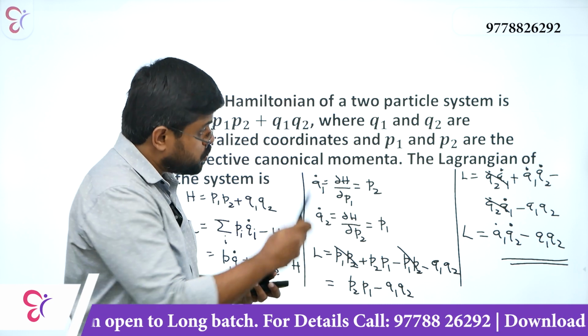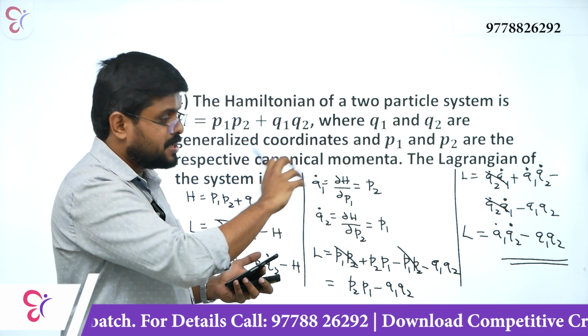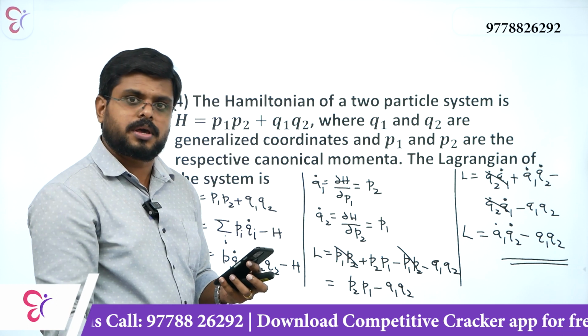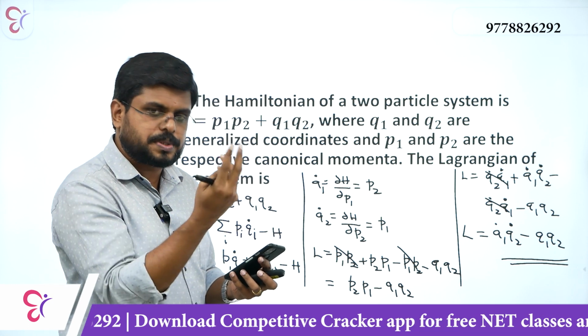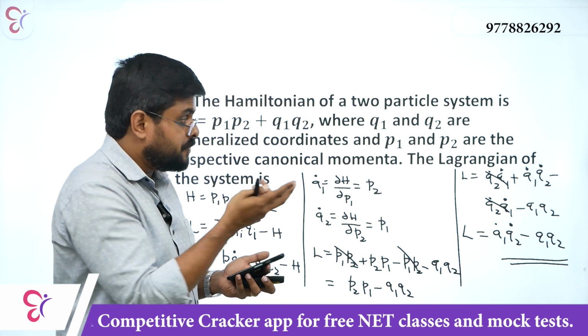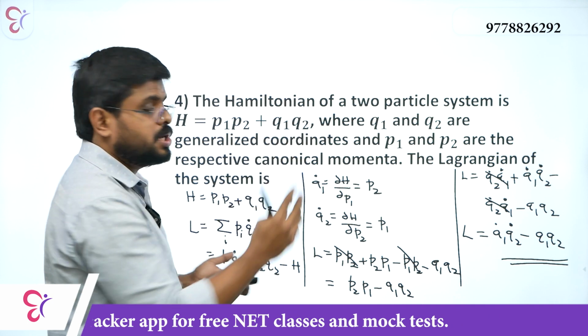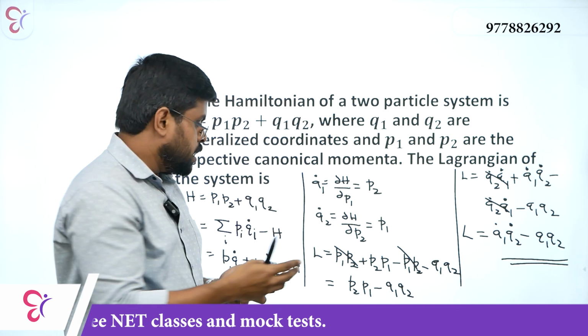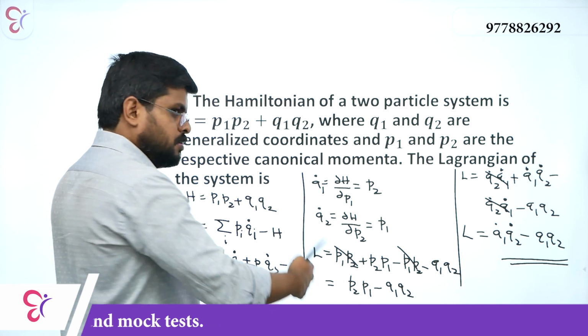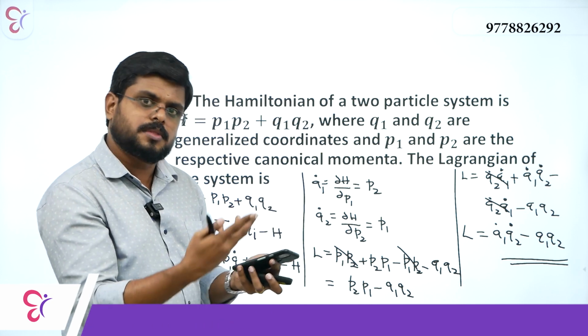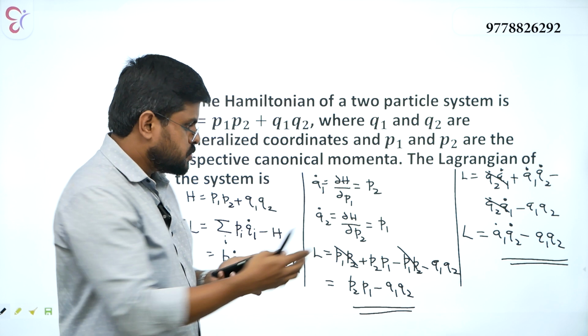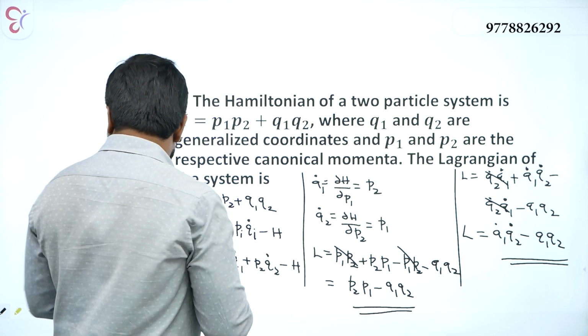Clear? So you should transform this according to the options. By seeing the options, you will get an idea of whichever variables you need to substitute, either for p or for q dots. Clear? So I hope this is very clear to you.